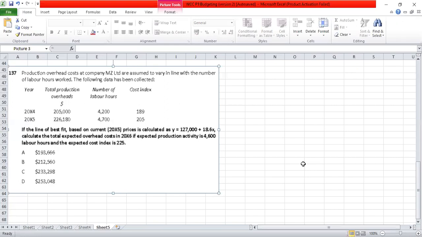If the trend line of best fit based on current prices is calculated as y is equal to 127,000 plus 18.6x, calculate the total expected overhead cost in 20x6 if expected production activity is 4,600 labor hours and the expected cost index is 225.